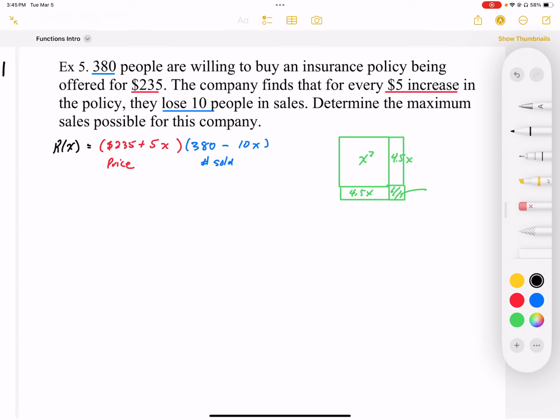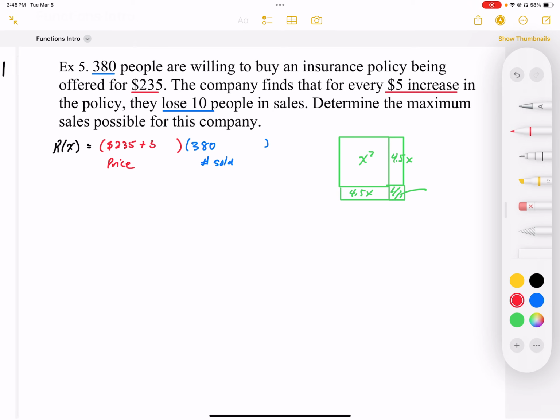So in this case here, again, it's a revenue problem, so we need an expression for price. So we're starting with our $235 and 380 sold, and then we're going to come up with an expression for the price as it changes. So it says here $5 increase in policy.